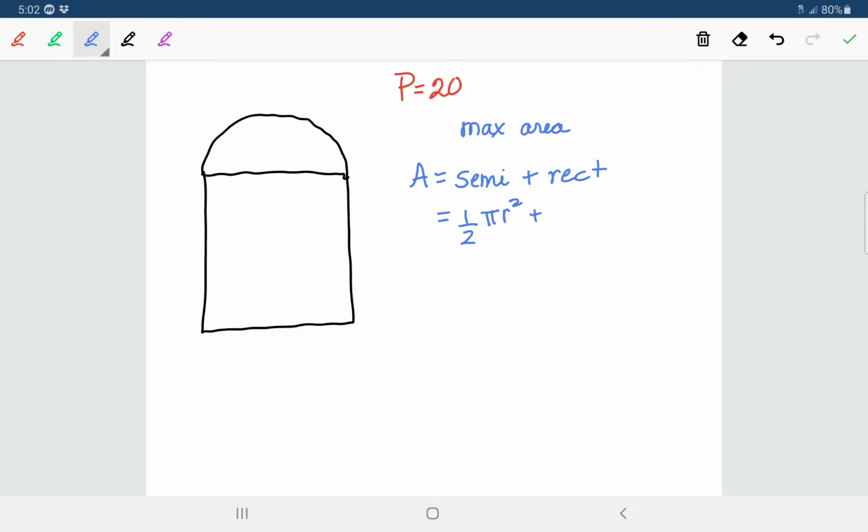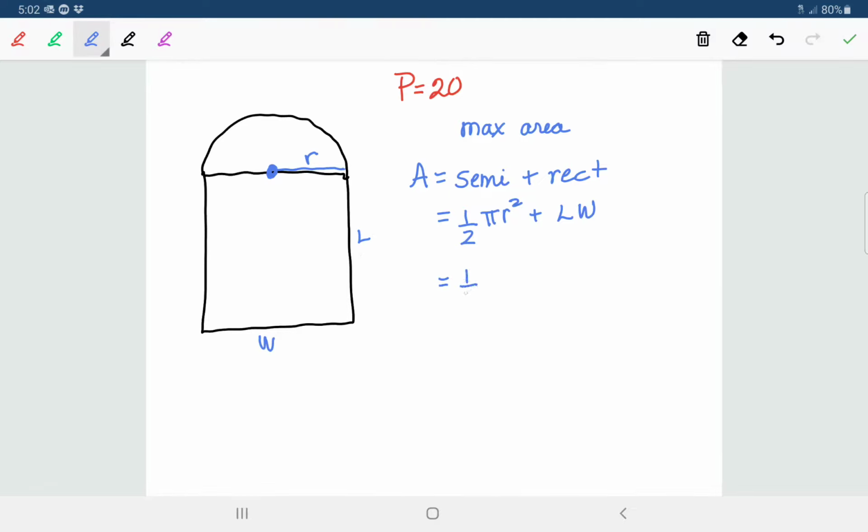And we should label this, where here is the radius. Then the area of the rectangle will be length times width. So we'll call this width and we'll call this length.